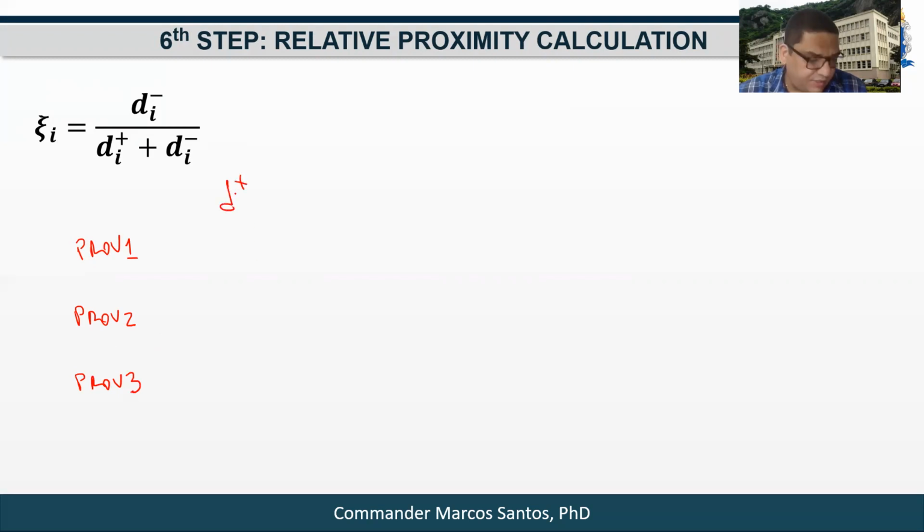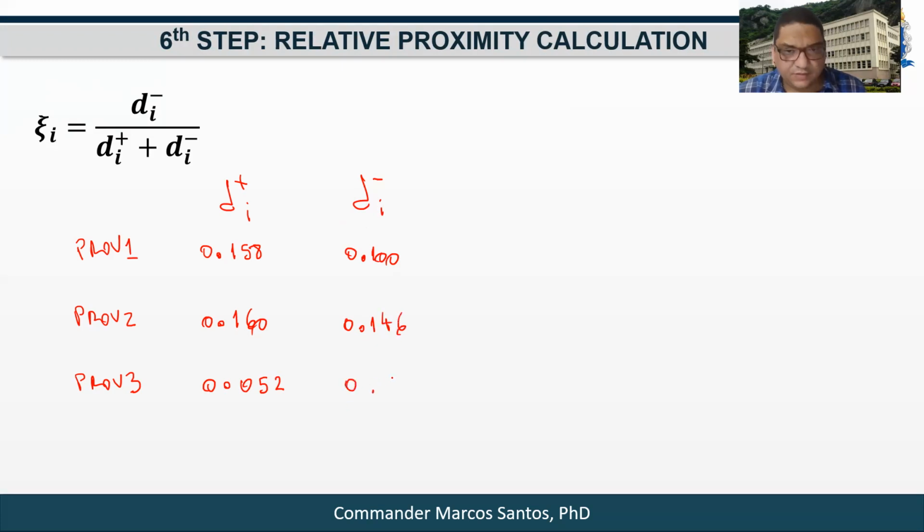And positive D, we calculated 0.158, 0.106, 0.052, and negative D, 0.100, 0.146, and 0.186.